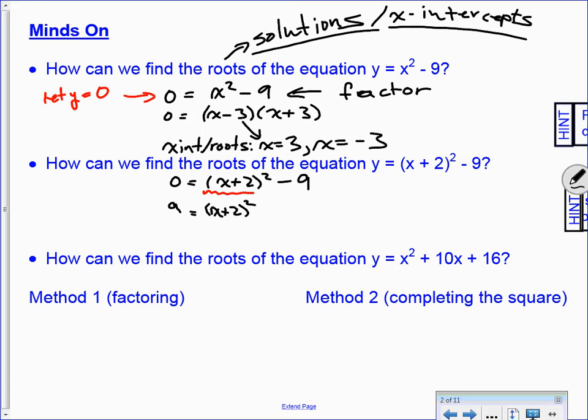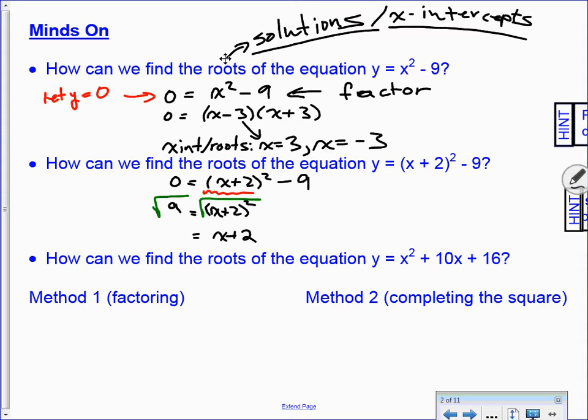Now, in order to get rid of the squared, we have to take the square root of both sides. When we take the square root of both sides, we have x plus 2 on one side, but the square root of 9 has two possibilities in this case. Normally, if we were doing regular mathematics, we'd say the square root of 9 would be just positive 3.